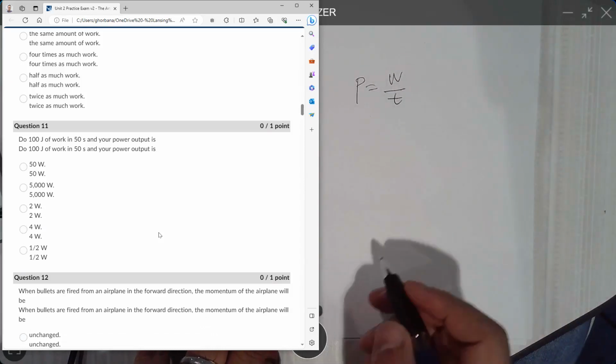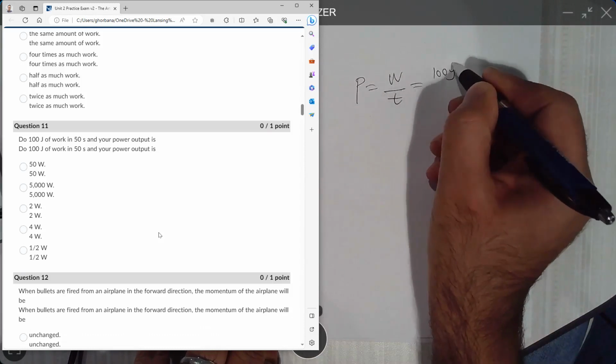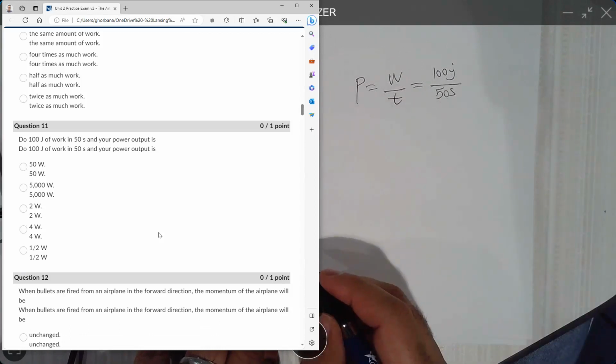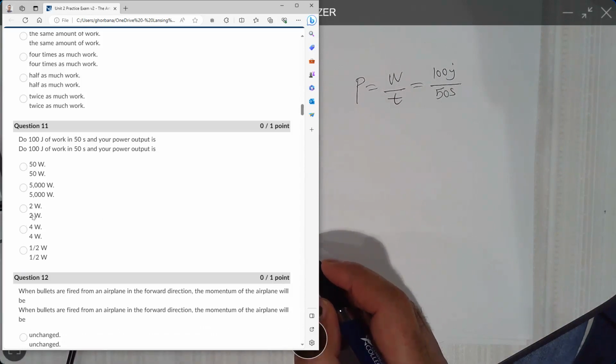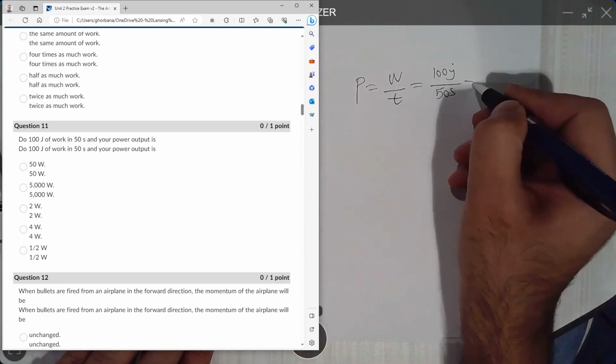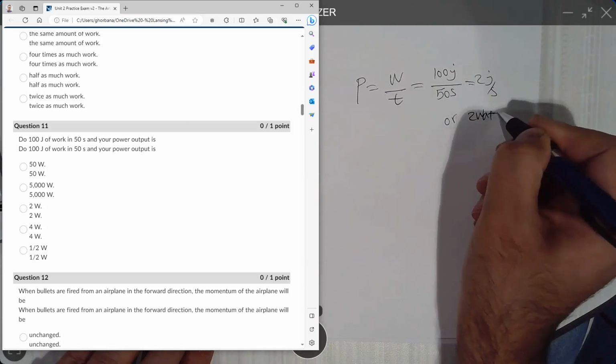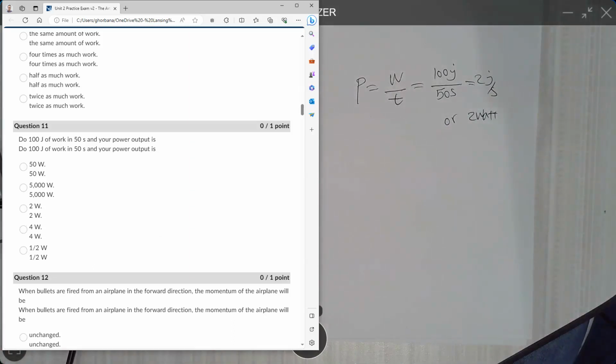So what is the work? 100 joule over what is the time? 50 seconds. So 100 divided by 50 is 2. 2 joule per second, or 2 watt. So the right answer is going to be 2. 12.